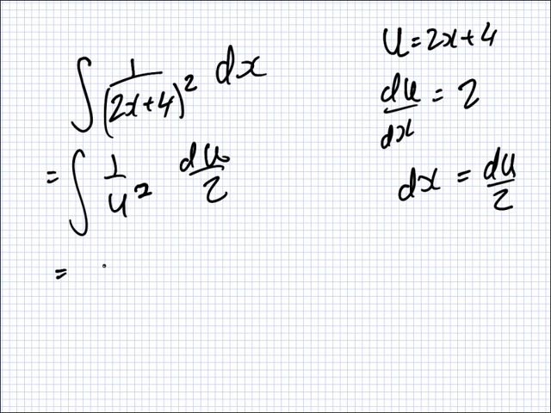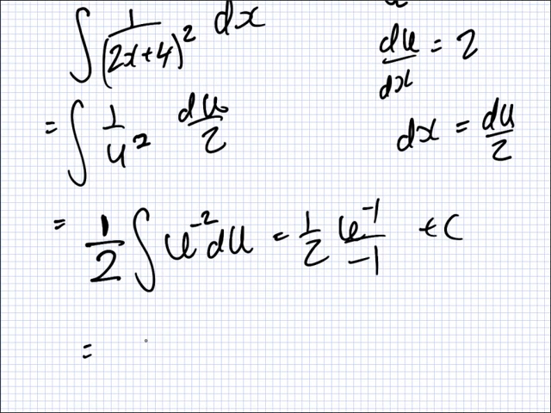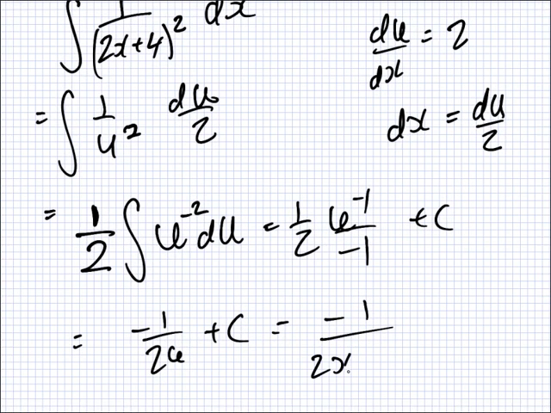This is a half integrate u power minus 2 du, which is a half u power minus 1 over minus 1 plus c, which then is minus 1 over 2u plus c, which then is minus 1 over 2x plus 4 plus c.